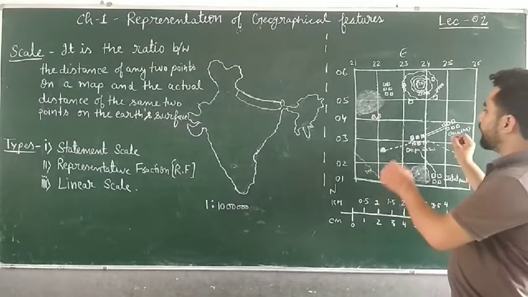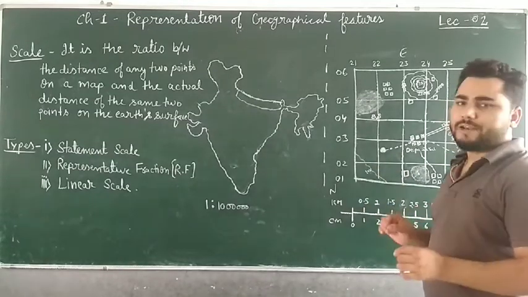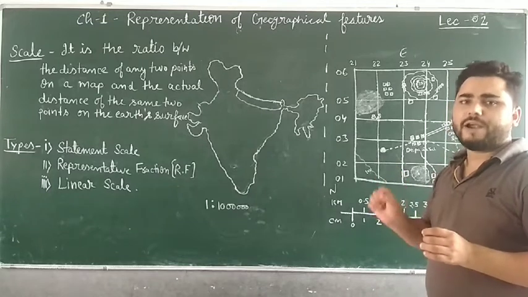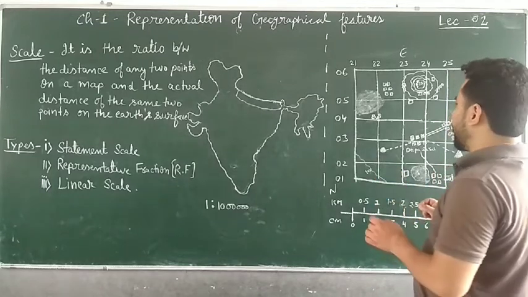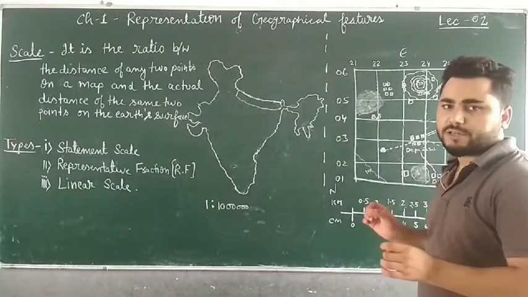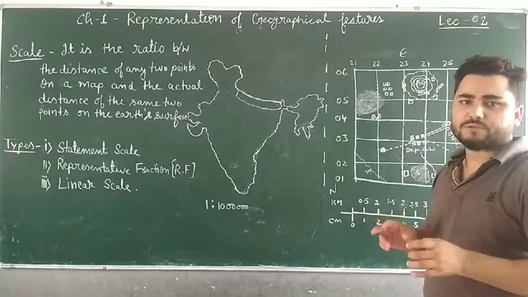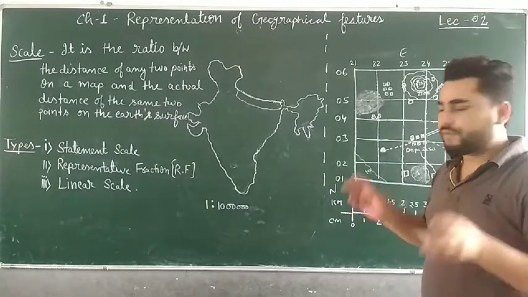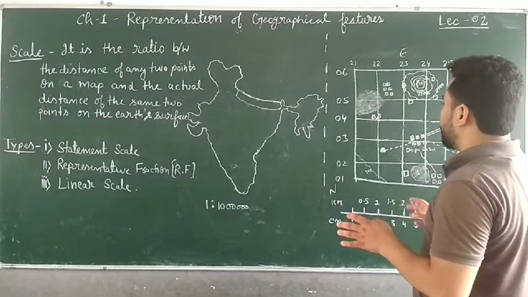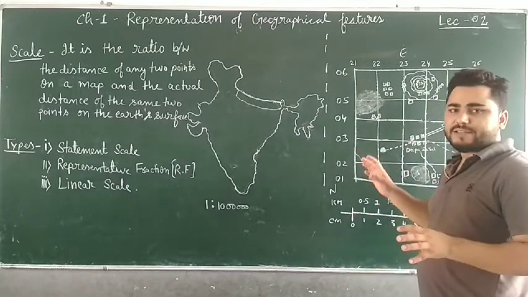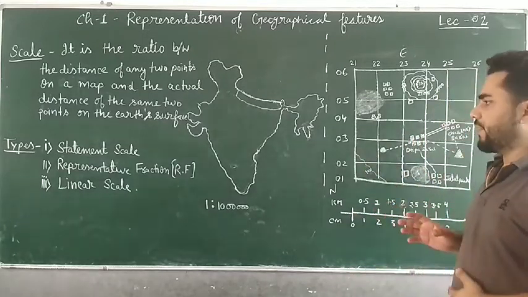So we reduce the distances in proper ratio and proportion, so that the proportions between two or more places do not get changed or affected. That work is done with the help of scale, right?